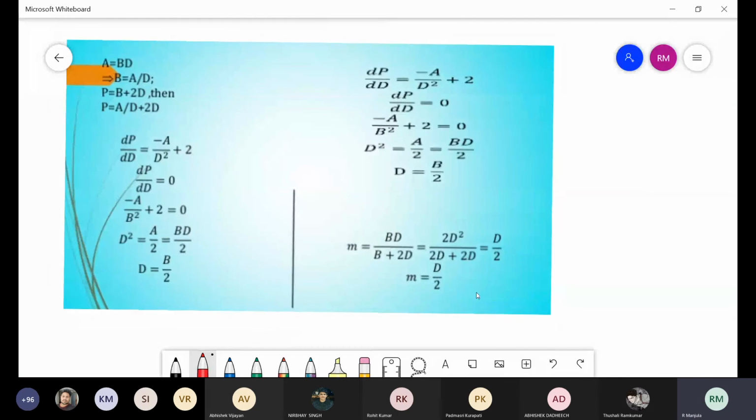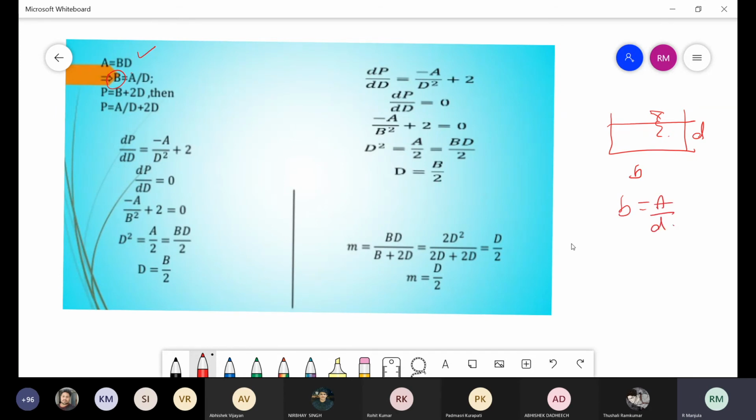Now you know the cross-sectional area: A is equal to B into D, because it is a rectangular section, and D is the depth of flow. In terms of A and D, B is equal to A by D. What is your wetted perimeter? P is equal to B plus 2D.